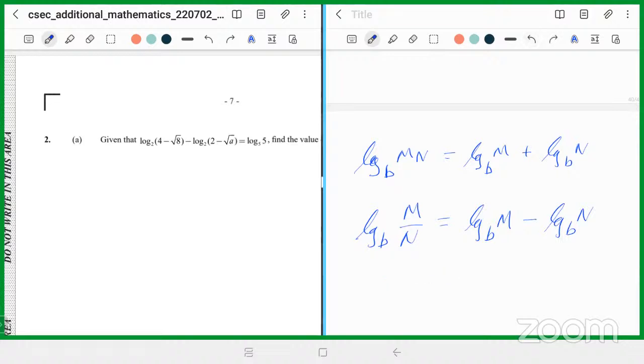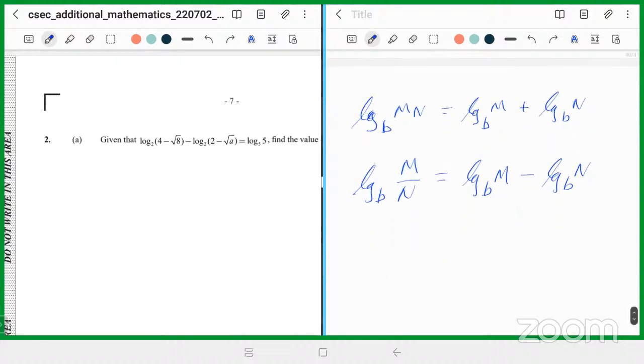All right? Then the third law that you must know, I call it the power law, which is to say the log to base b of a number M raised to a power n.